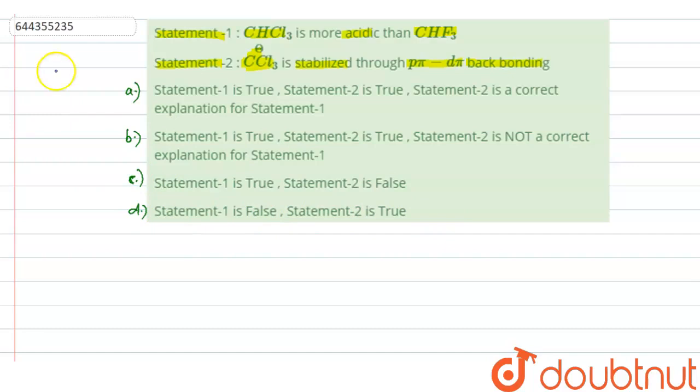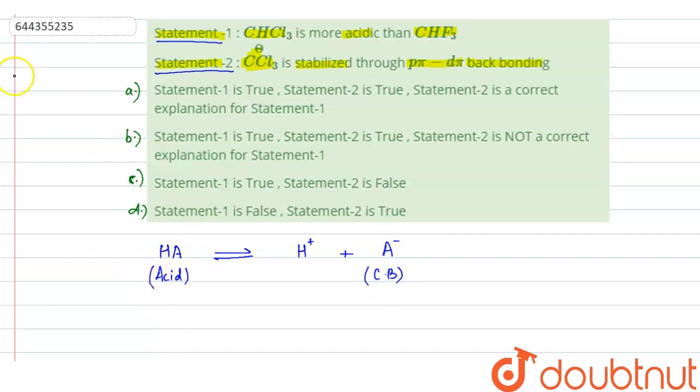So in this question, two statements are given, statement 1 and 2, and we have to check whether these statements are true or false. In statement 1, it is given CHCl3 is more acidic than CHF3. Now if we take a general acid HA, when it dissociates, it forms H positive ion and A negative, after losing H positive ion, it will form its conjugate base.